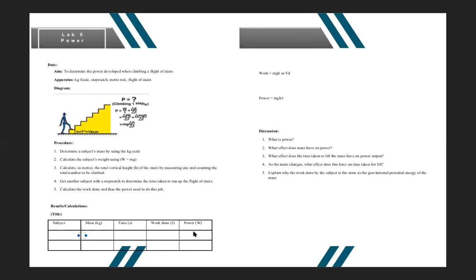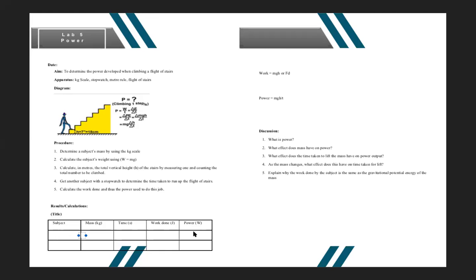All right, so you want to make note of these, and then the final calculation for power. I saw that the smaller person, who took a shorter time, exerted more power because they ran up the steps faster. So subject A had a power of 143 watts, while subject B had a smaller power.